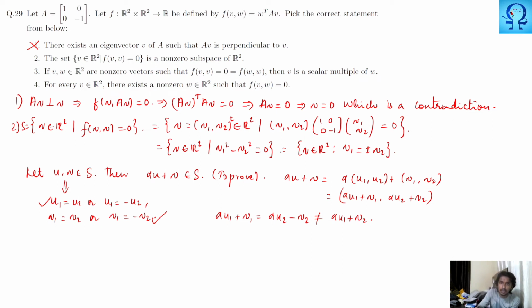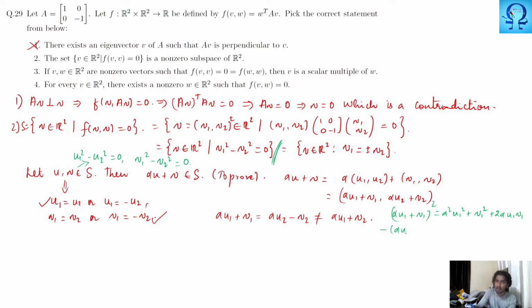Or if I just simply restrict here, I'll change the color and show you. If I simply restrict to this stage and proceed, then what do I have? I will have u1 square minus u2 square is 0 and v1 square minus v2 square is 0. This is what I would have just by stating u and v are members of S. So alpha u1 plus v1 whole square would be alpha square u1 square plus v1 square plus 2 times alpha u1 v1.